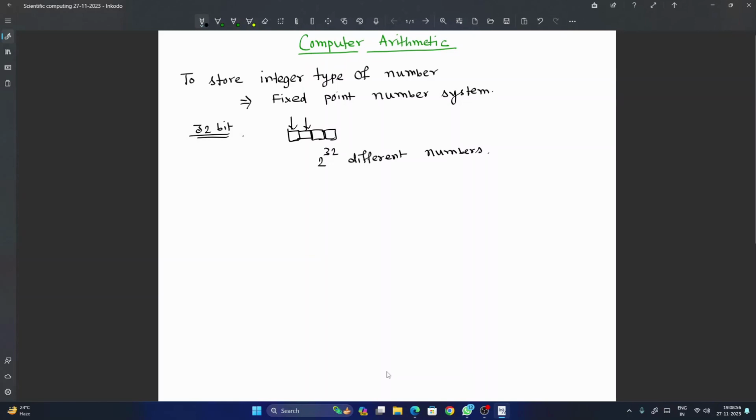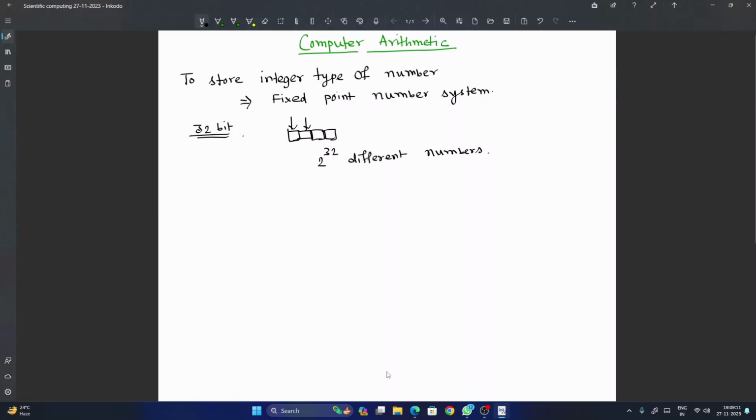But the problem is, if we allow negative signs, that means it can store positive and negative numbers, so obviously one bit is occupied by the sign.